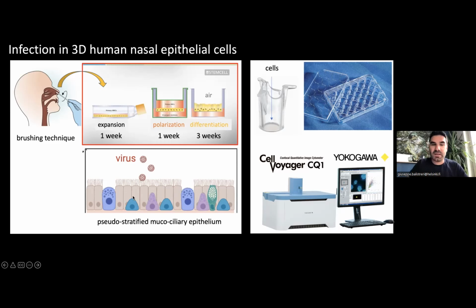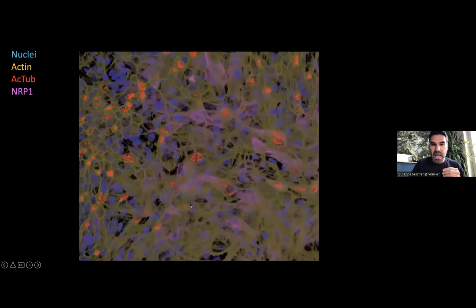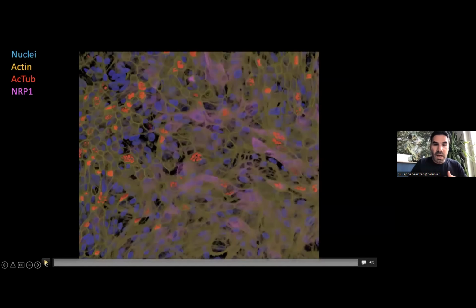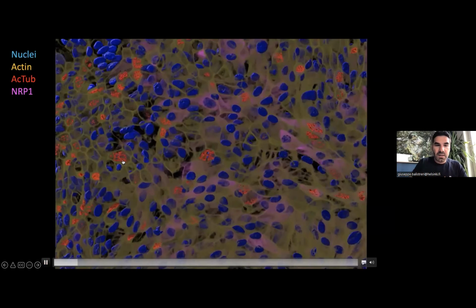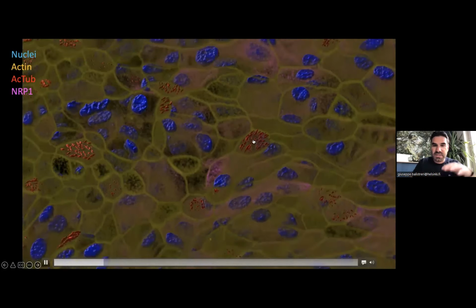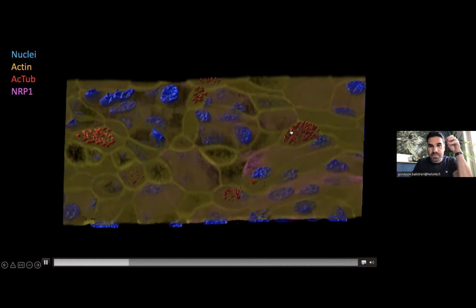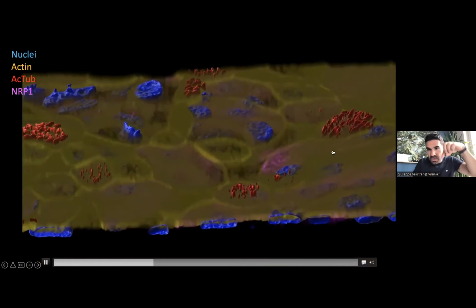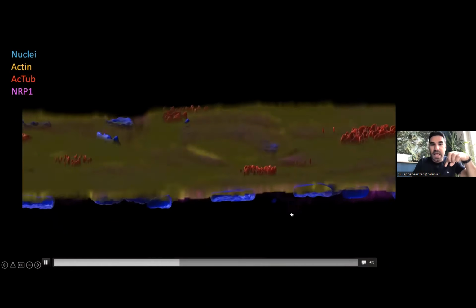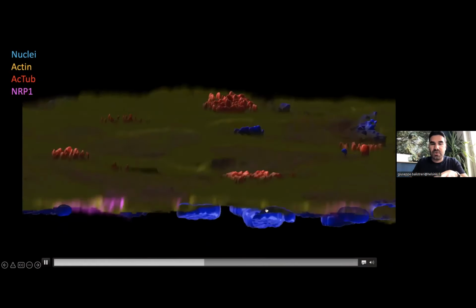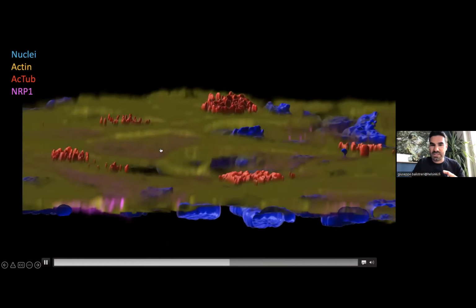But for the time being, now we can recreate the tissue of our nose in the laboratory. And we can study how the cilia that are exposed on the surface of the cell capture viruses, and then the viruses go inside the cell. And we can see the cytoskeleton around it, so the skeleton of the cell, which is in yellow.